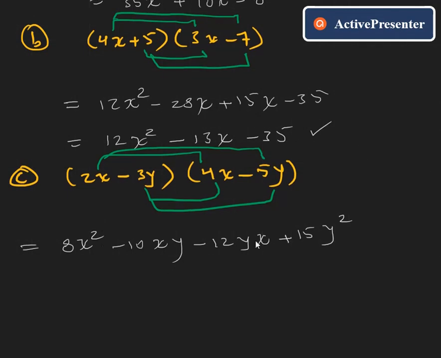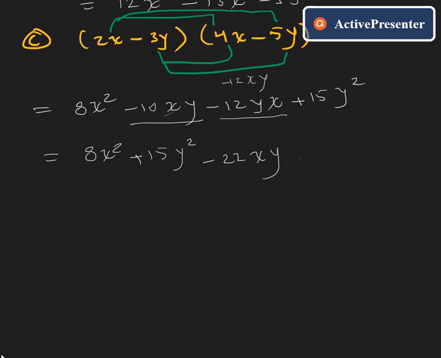Here we have minus 10xy and minus 12yx. They are like terms. This can be written also as minus 12xy. So our answer should be 8x squared plus 15y squared minus 22xy. And you are done for this question.